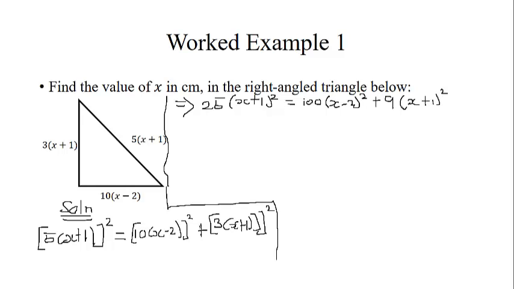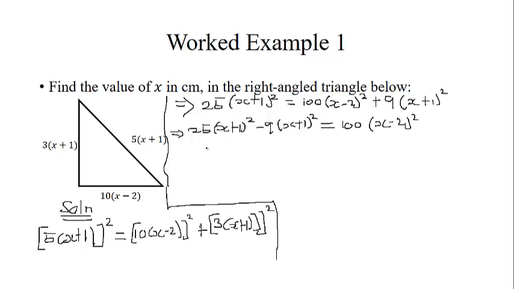Now we can group like terms. This can come here so that we get 25 into bracket x plus 1 all squared minus 9 into bracket x plus 1 all squared is equal to 100 into bracket x minus 2 all squared.